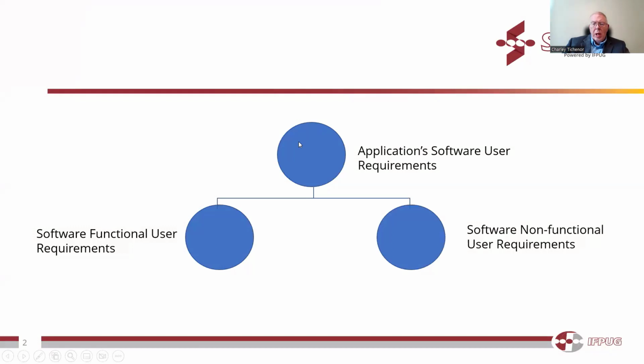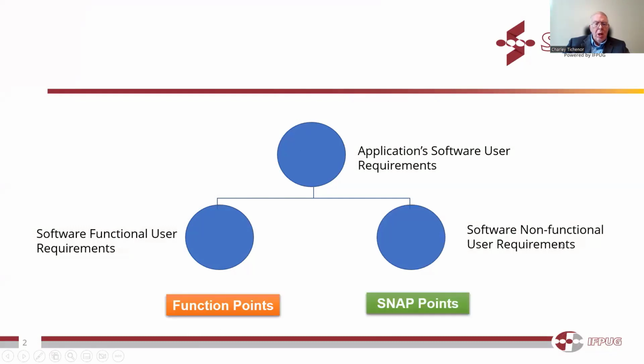Software user requirements can be broken down into 2 categories: software functional user requirements and software non-functional user requirements. Software functional user requirements are measured by IFPUG in terms of function points. Software non-functional user requirements are mostly measured by IFPUG by SNAP points.